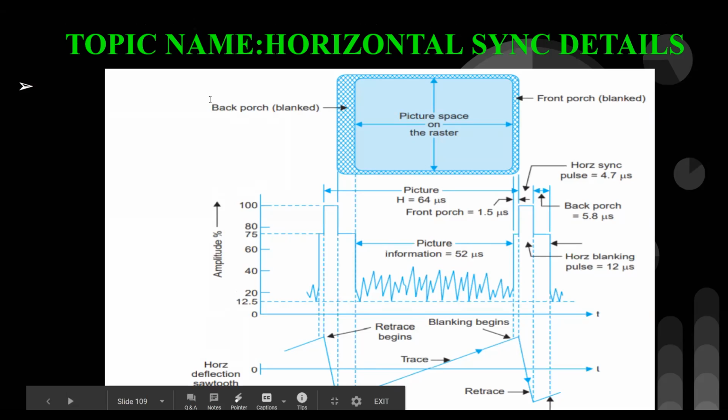What are the details of the horizontal scanning lines? We are representing them here. Let us take some scanning lines. So the first detail is the total line.